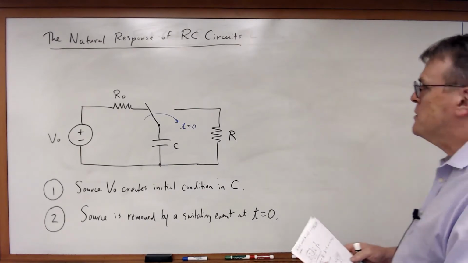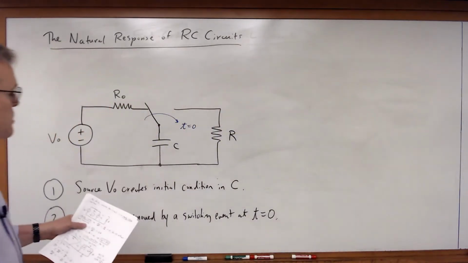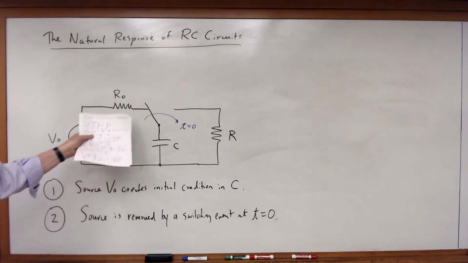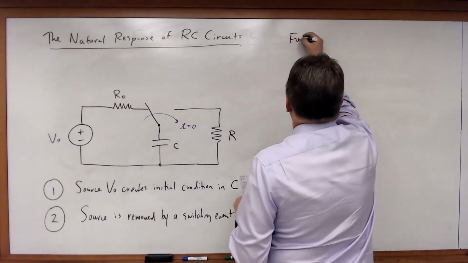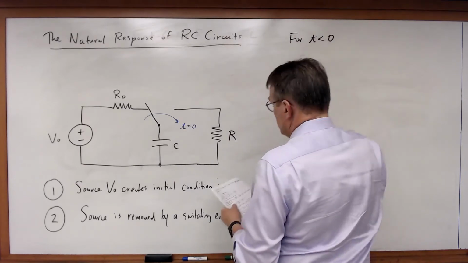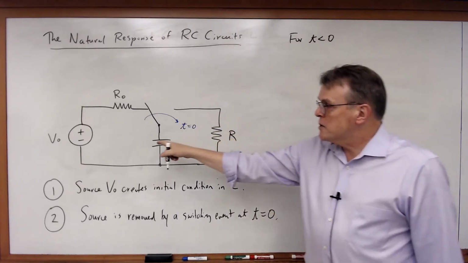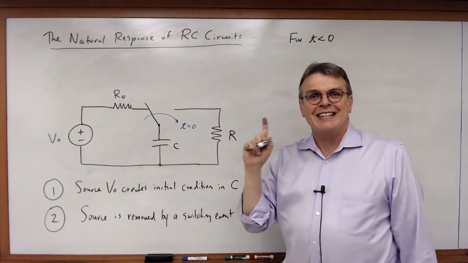All right? So we're going to start by assuming that prior to the switching event, for t less than 0, this circuit is in what's called a steady state condition.